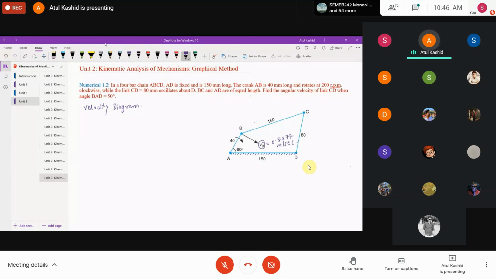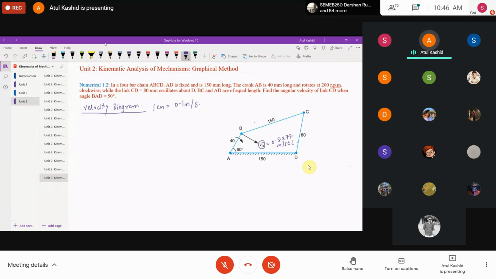So here also, before starting with the velocity diagram, we have to take a convenient scale, right? So that we can draw the velocity diagram. For example, I will take the scale as 1 centimeter equals to 0.1 meter per second, because for VB we know it is 0.8377 meter per second.